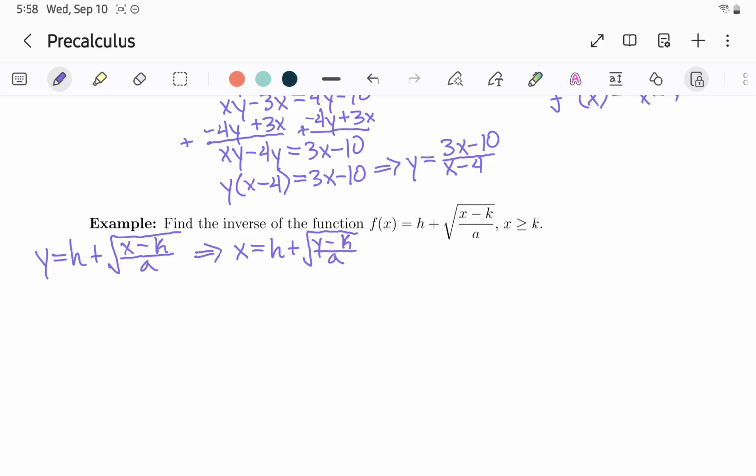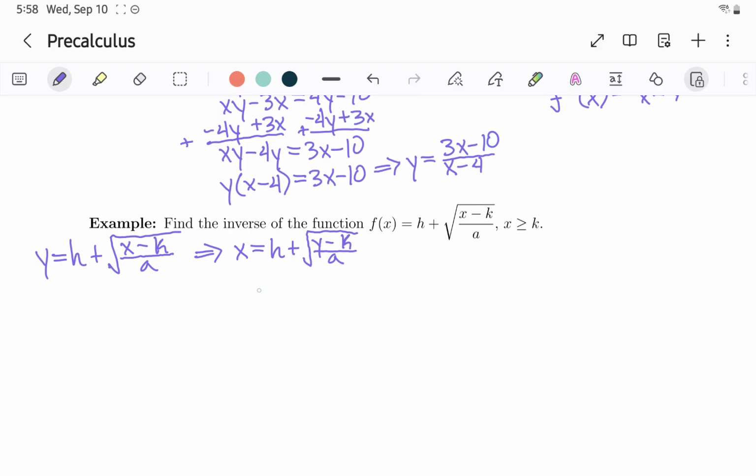If any of you are familiar with the vertex form of a quadratic function, you're going to see this h, k, and a floating around here in the formula for f of x, and you're going to be kind of suspicious that maybe the quadratic function we're going to end up with is just the standard quadratic function in vertex form. And if you have that suspicion, well, it's right.